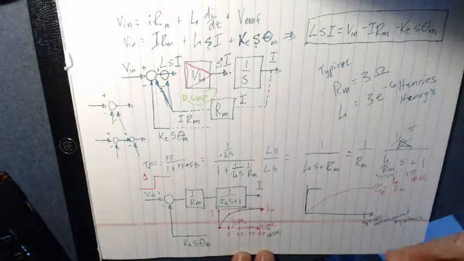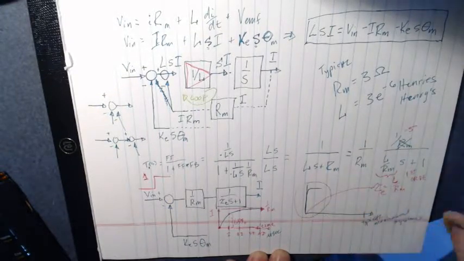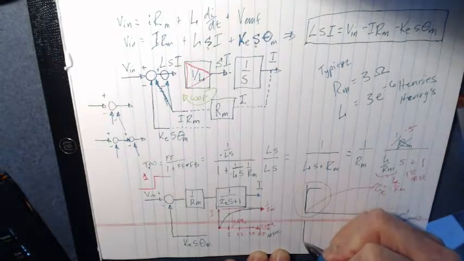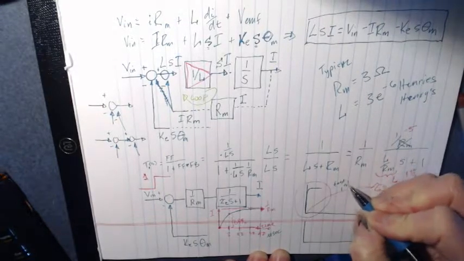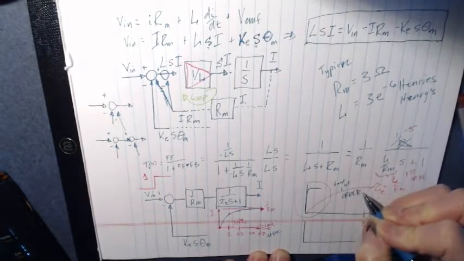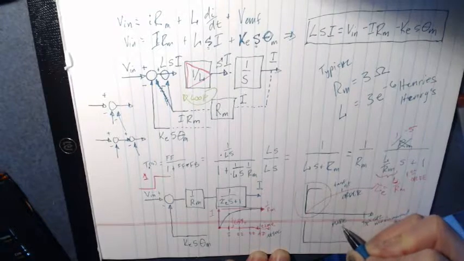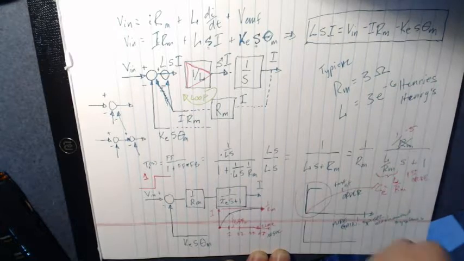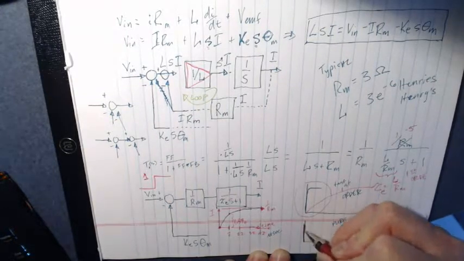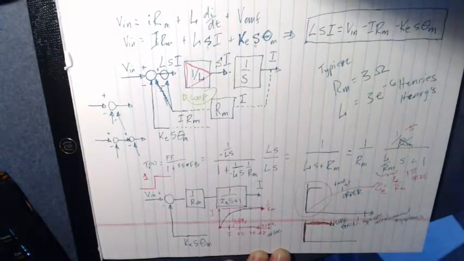This is a fast first order, and I'm going to compare this with a pure gain. How do those look? Oh, it looks like this. A pure gain just looks like that.